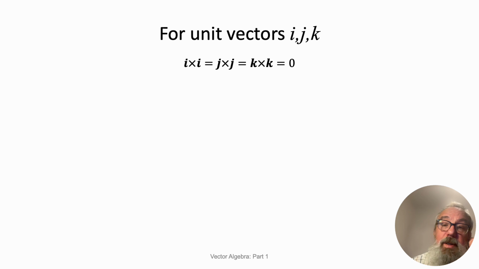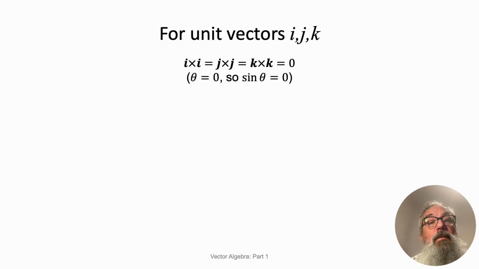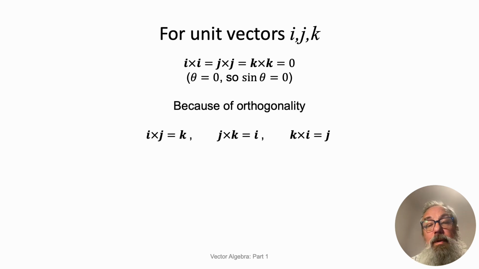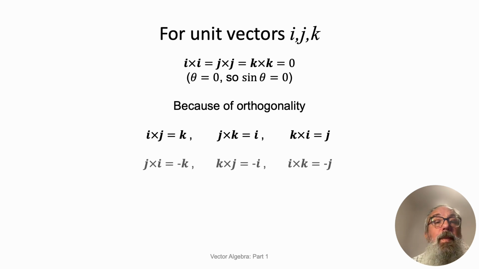The angle between them is 0, so the sine of 0 is 0. And because they're all at right angles to each other, i cross j is equal to k, j cross k is equal to i, and k cross i is equal to j. That's almost by the definition.